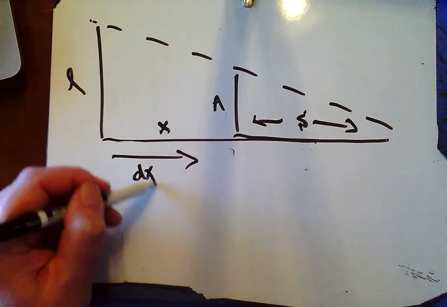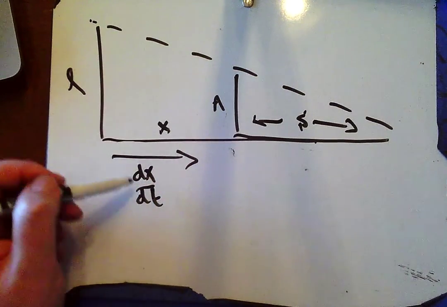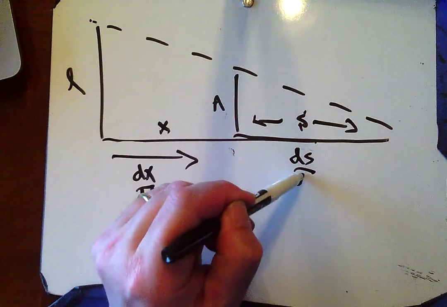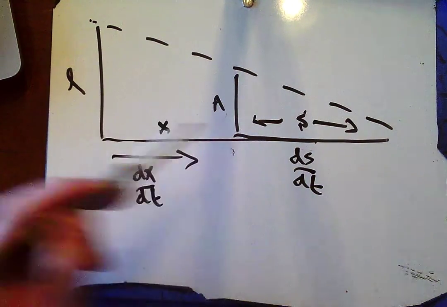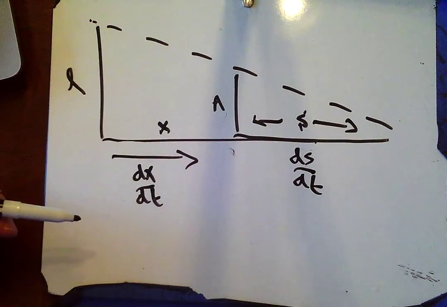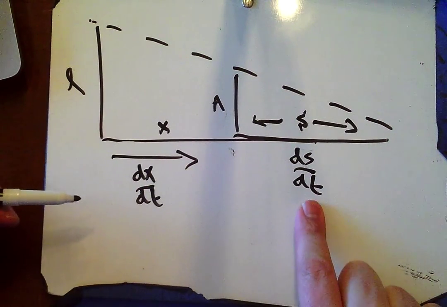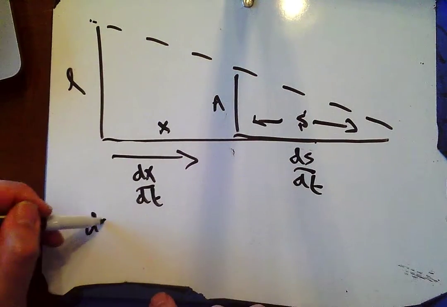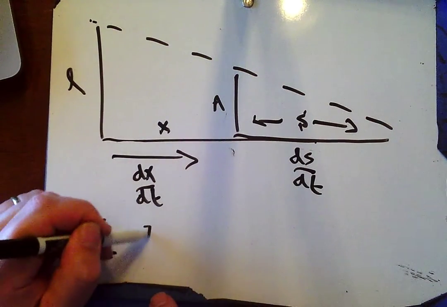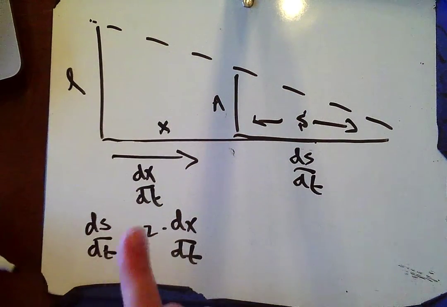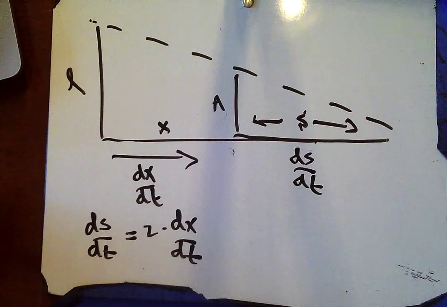And so we're going to have a dx dt for the ant moving away, and we're going to have a ds dt for the change in the rate of the shadow. And we're told something here that the shadow is twice as fast as the ant. So ds dt equals 2 times dx dt. And I imagine we're going to need that helping equation in a little bit.